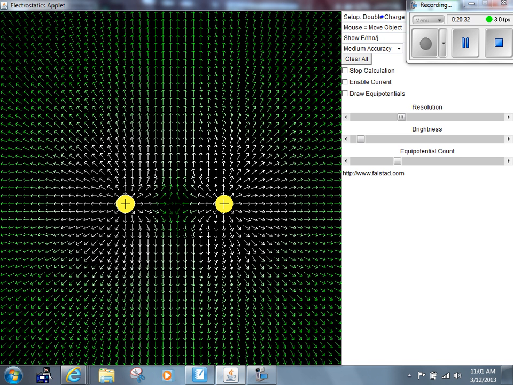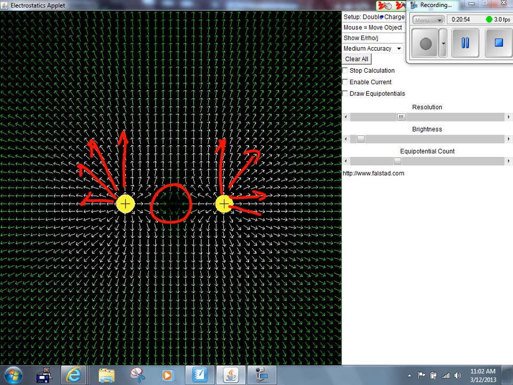But what happens in this little area right here? These field lines are kind of pushing away from each other, right? They can't join up with each other because they're going in opposite directions. So you can see that field lines are going away from the positives on both sides.